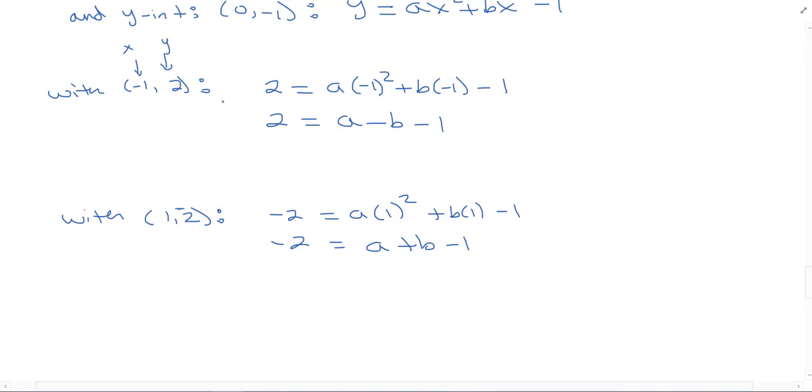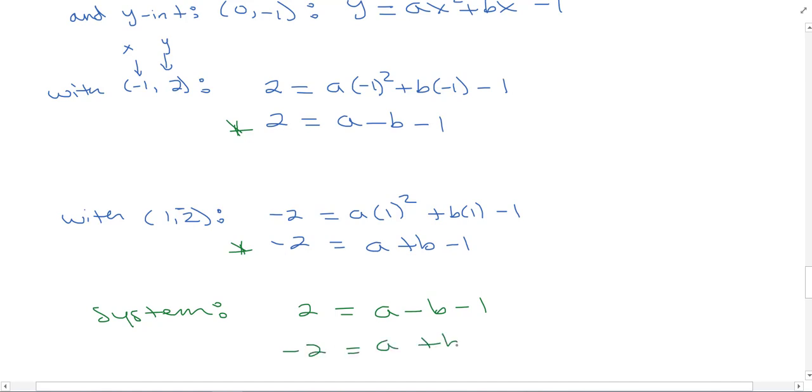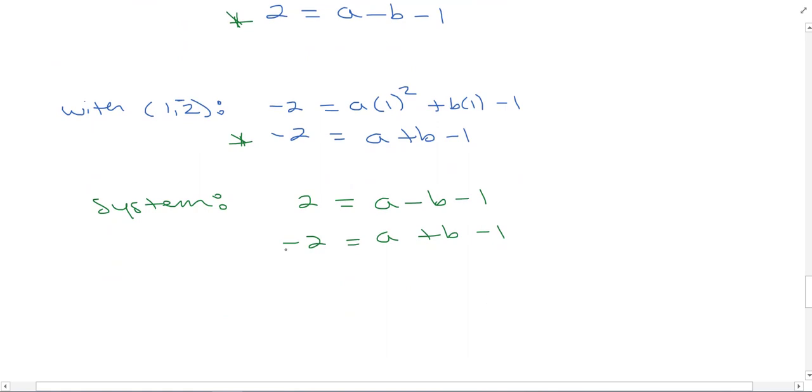So notice essentially I have created two equations that have a and b. So I can put those together to create a system of equations. So I'm going to have 2 equals a minus b minus 1, and negative 2 equals a plus b minus 1. And so I have a system.